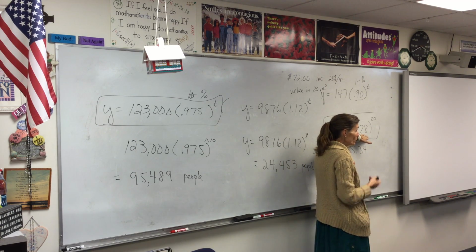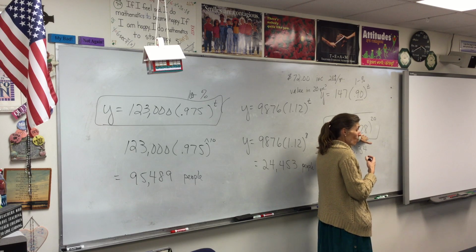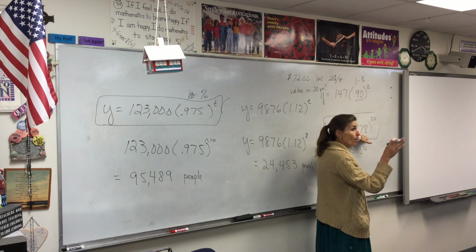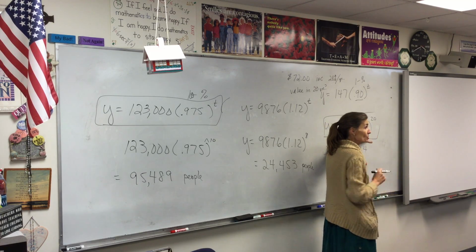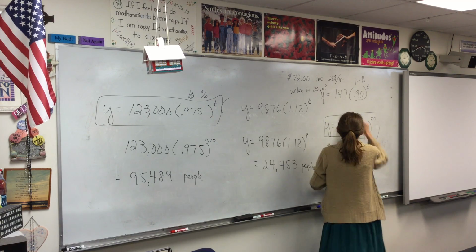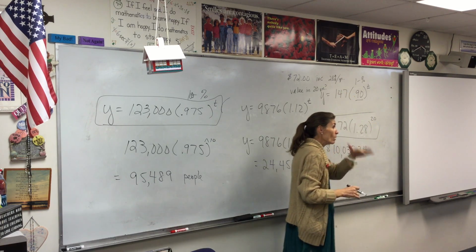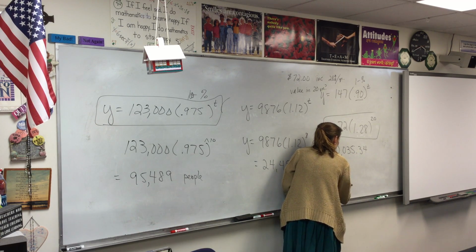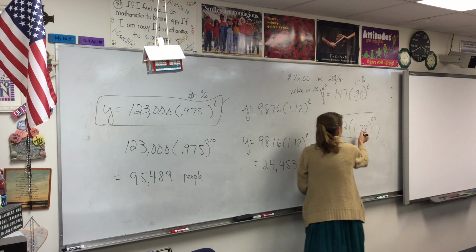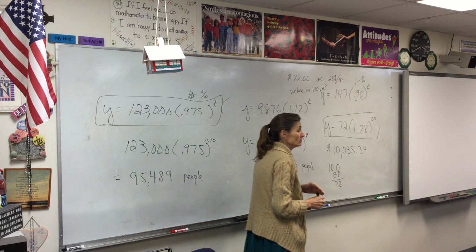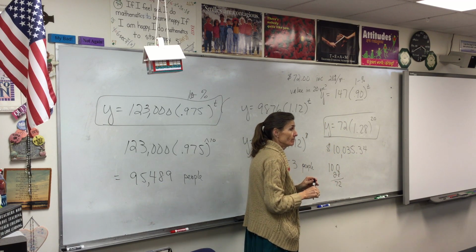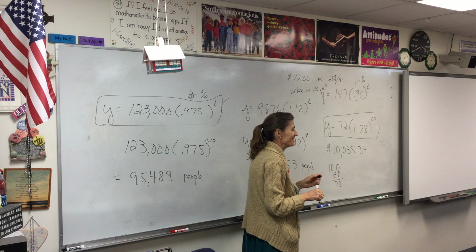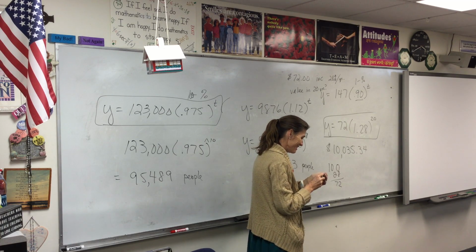This number would be different. What would it be? 0.72. Because if you are going down 28%, it would be 100 minus 28. So that would be a 0.72. And it'd be worth about 10 cents. That's about right.